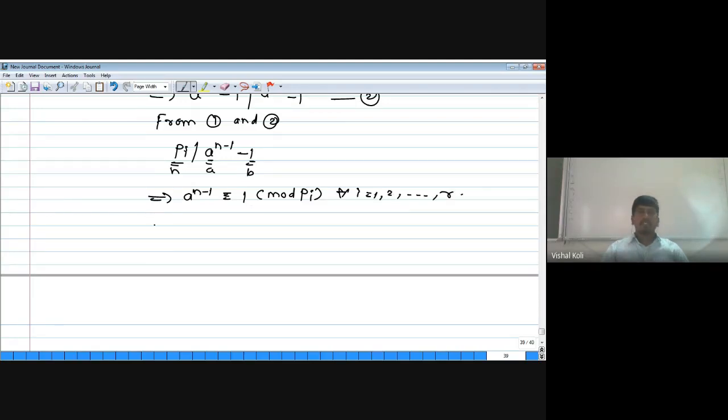Either we use this congruence, or we use this one directly, that is p_i divides a to the power n minus 1 minus 1. We will use the direct result.